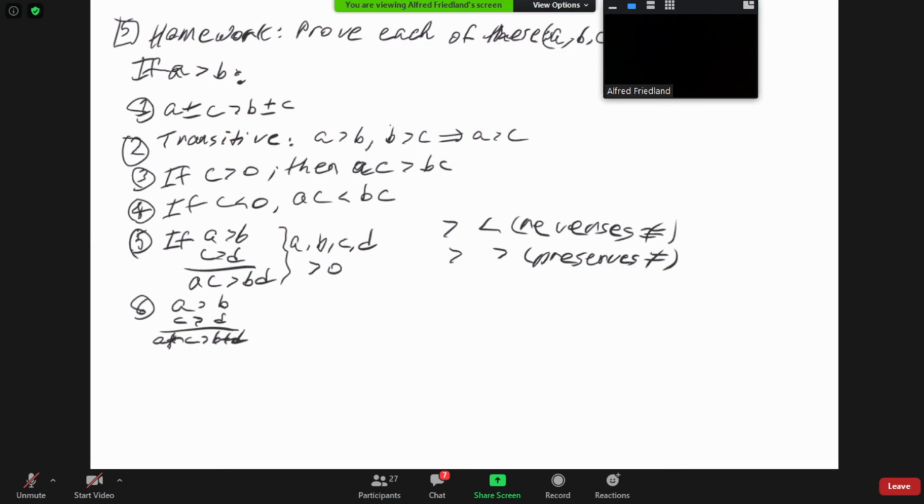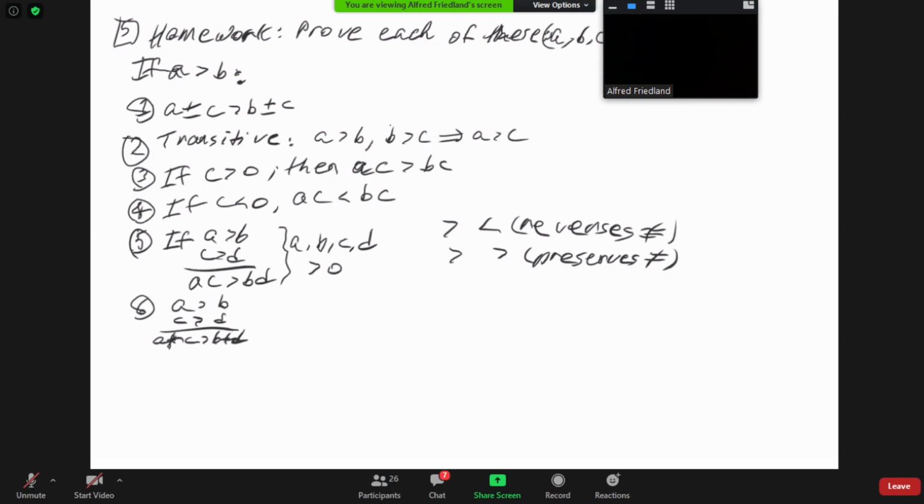It says if you multiply two bigger positive numbers, then the result will be bigger than if you multiply two smaller positive numbers. A and C are the bigger ones, B and D are the smaller ones. The product of the two bigger ones will be bigger than the product of the two smaller ones.